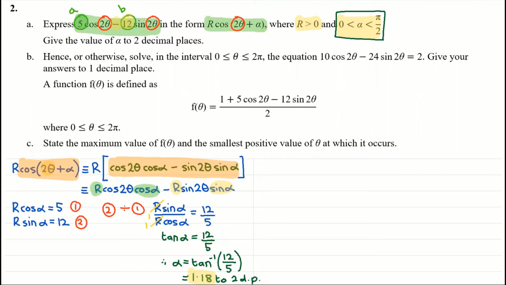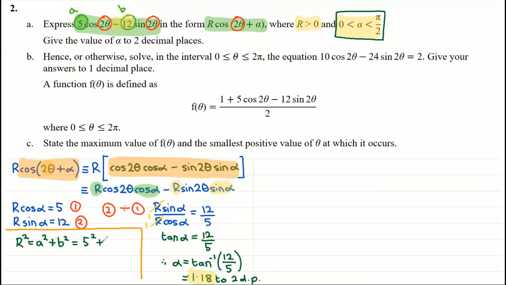So I think I'm just going to box this bit off, so I've got a bit more space to work, or a clear space to work. So we know that r squared is just going to be a squared plus b squared. And in this instance, it's going to be 5 squared plus 12 squared.